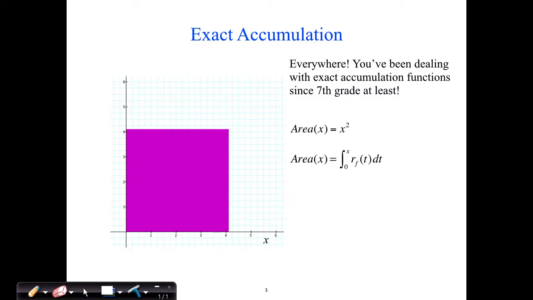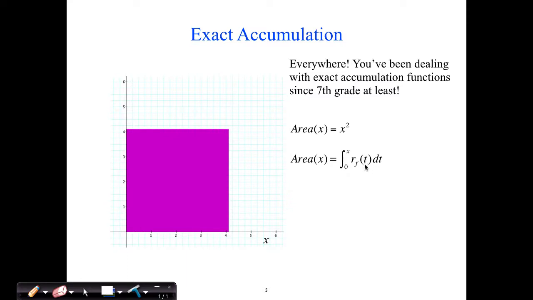I'll call it r sub f. So if r sub f is the function describing this rate of change of the area with respect to side length, then remember the meaning of this integral expression here. This measures all the accumulations in area due to this rate of change of the area with respect to side length. I've got r sub f of t dt.